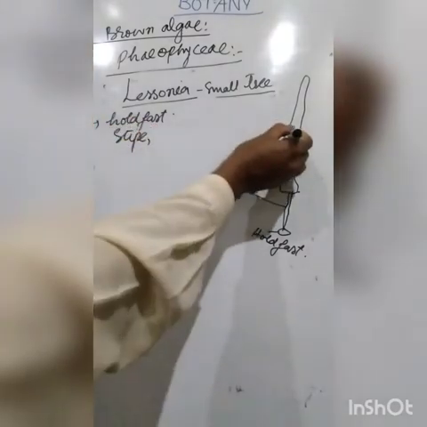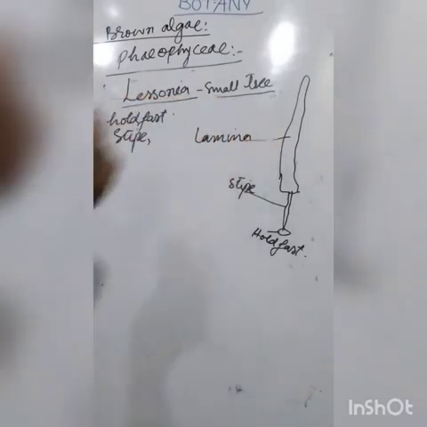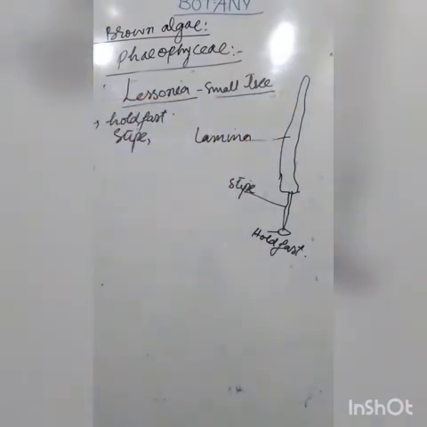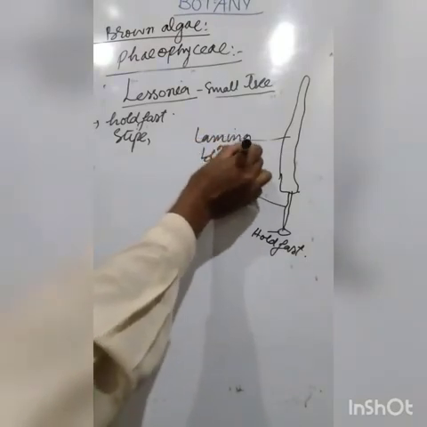And there is the leaf-like part that is called the lamina or blade.